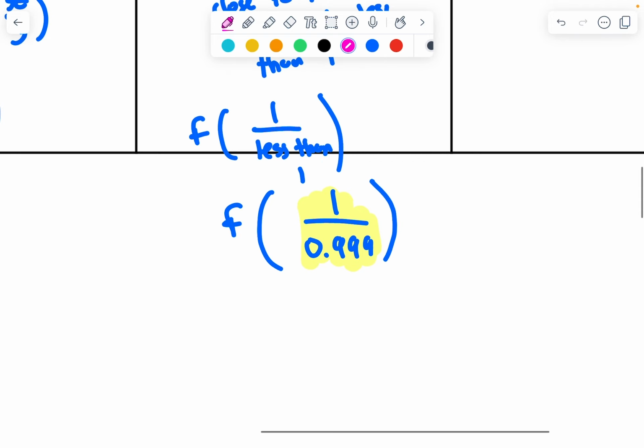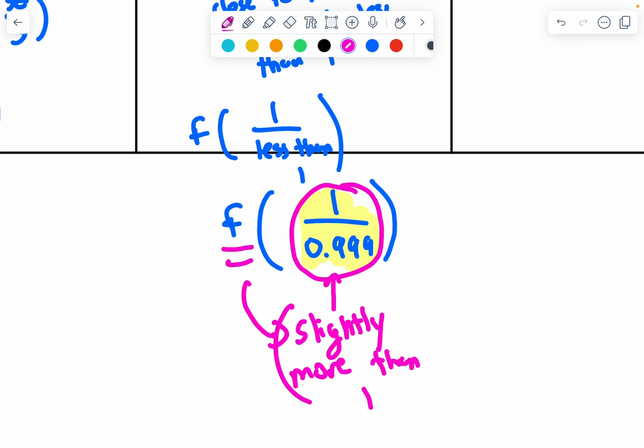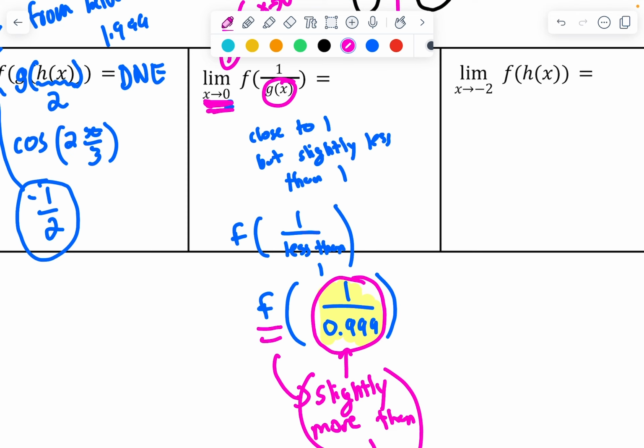So, divided by small creates big, generally speaking, when we talk fractions. So this whole thing here is slightly more than 1 as we approach. So now we're taking f of slightly more than 1 as we consider how the limit behaves.